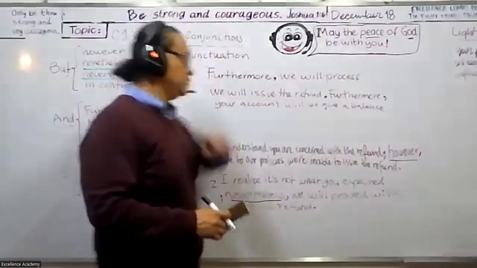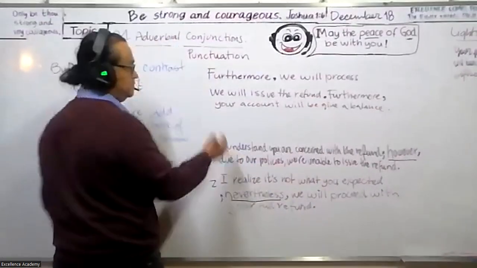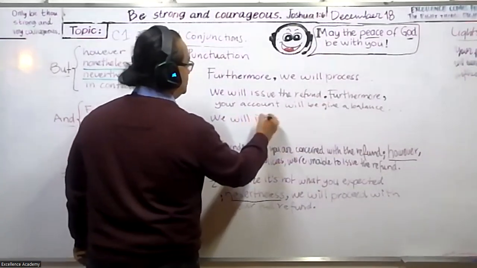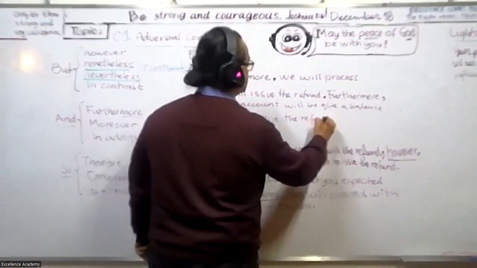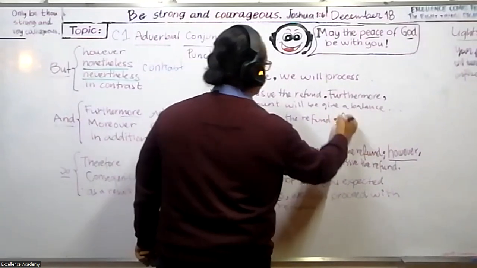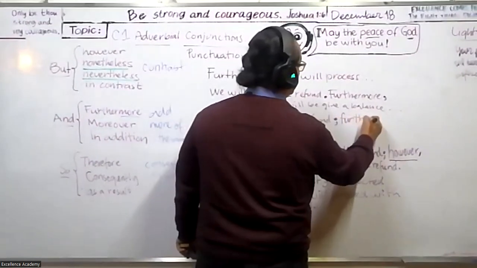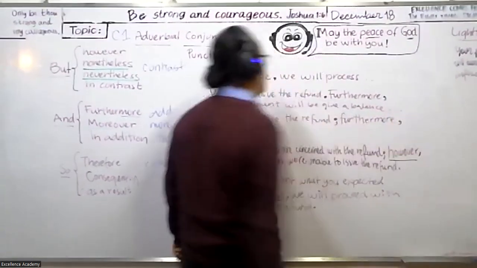The third punctuation rule is to use the semicolon. We will issue the refund; semicolon. Furthermore, here I'm not going to capitalize because it's after the semicolon, comma.